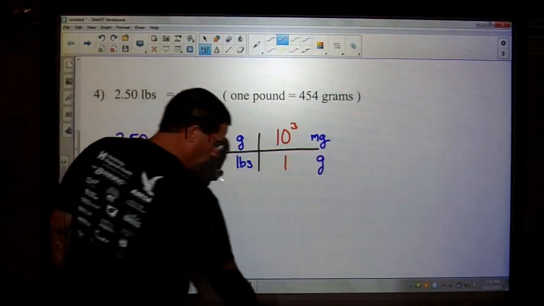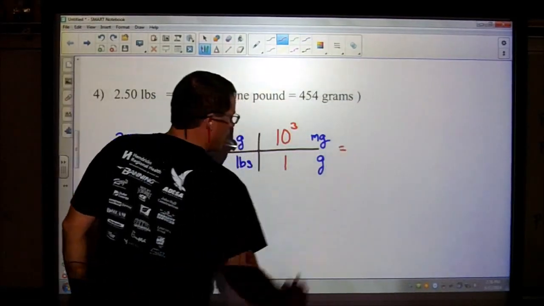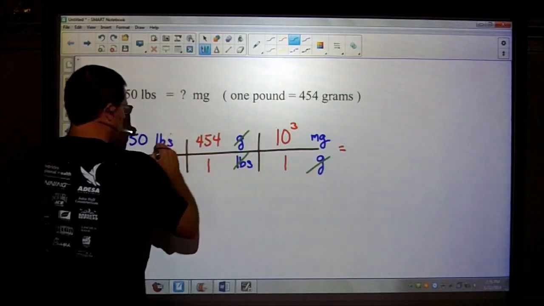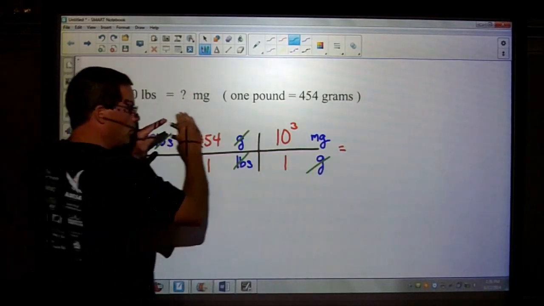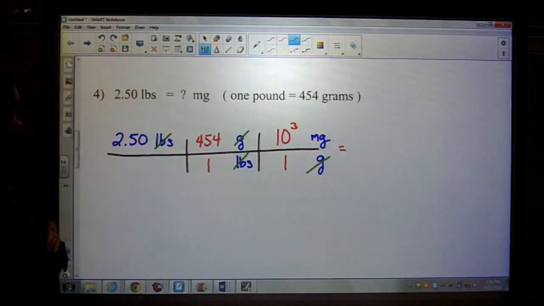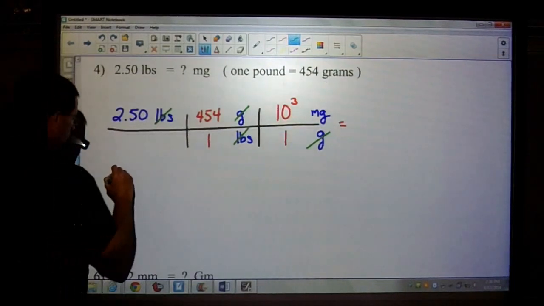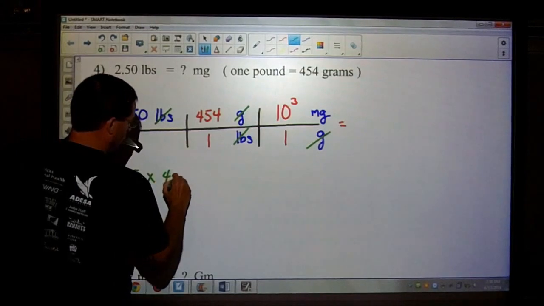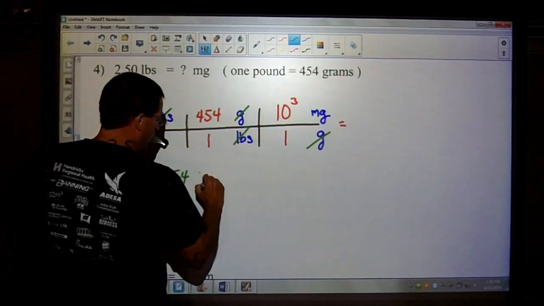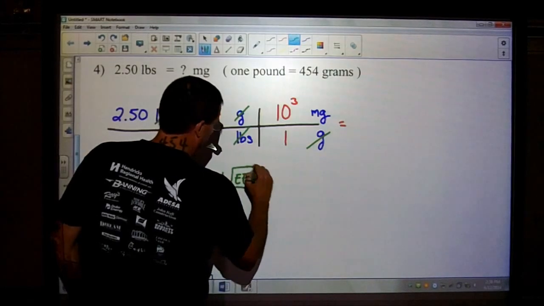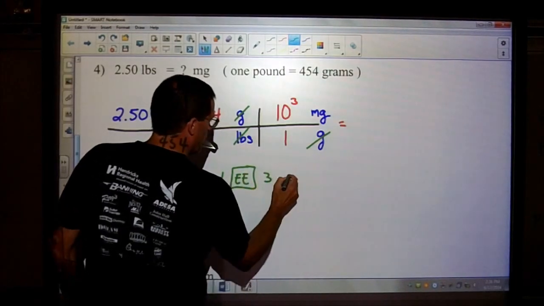Okay, and then let's get an answer here. So again, our units, grams are gone, pounds are gone, because I'm moving those units diagonally so I can cancel those out, and I'm left with milligrams. And the way I would type this in, 2.5 times 454 times 1 EE 3, or 1,000, whichever way you want to go.